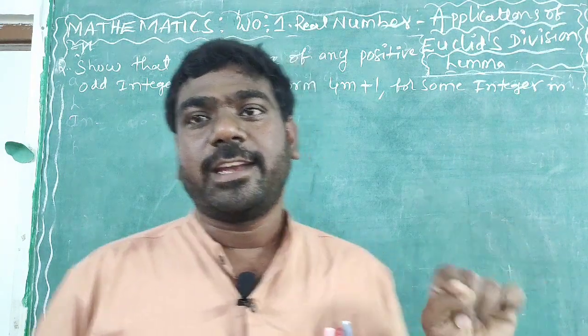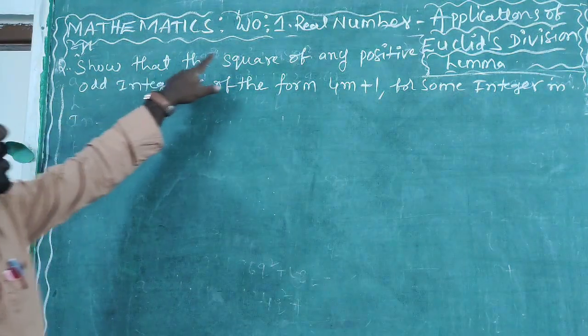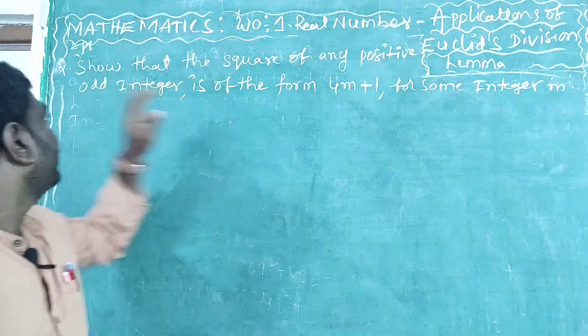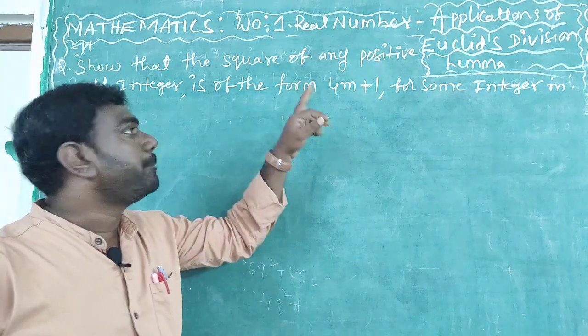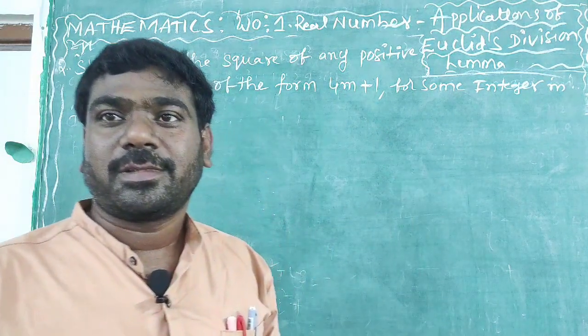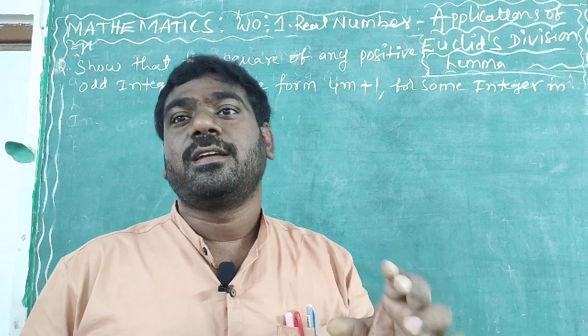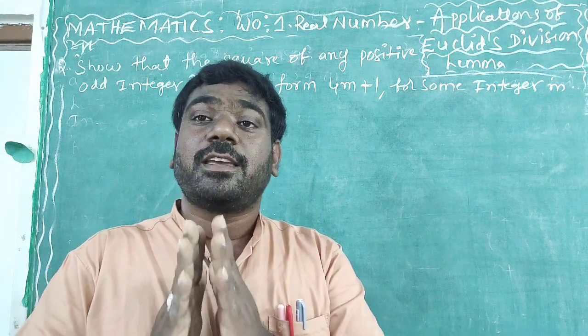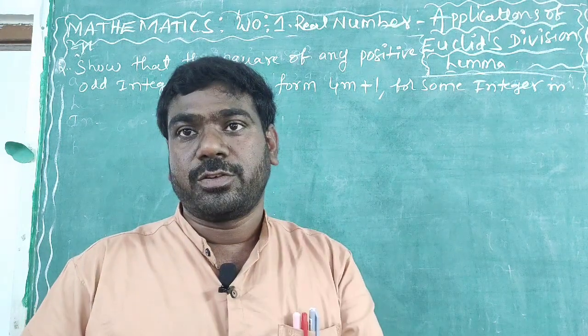The second application is: show that the square of any positive odd integer is of the form 4m plus 1 for some integer m. So read the question, understand what the given values are and what we are going to find out.